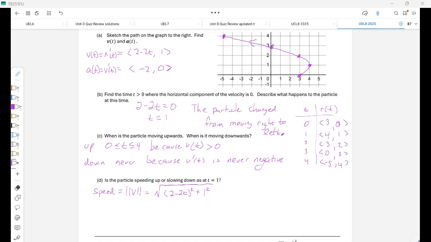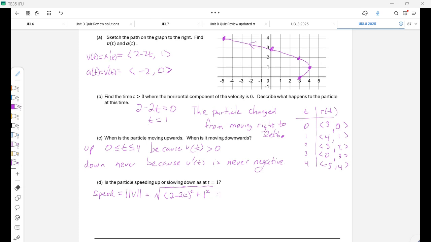And now I have to find if the derivative of that is positive or negative at t equals 1. I'm going to go ahead and just expand everything out. I think it's just going to make the problem a little bit easier. We should end up with 4 minus 8t plus 4t squared plus 1.